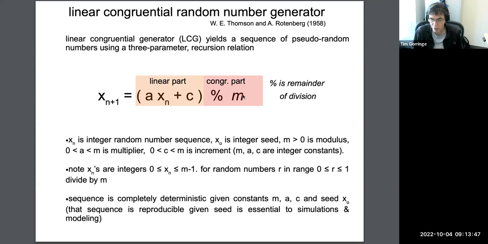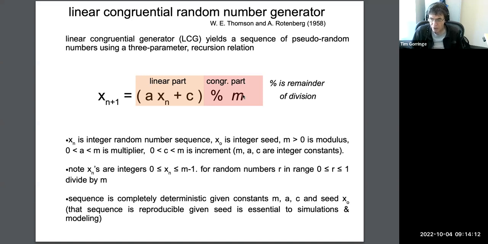So if you know M, C, and A, and you know your seed value, I could calculate this stream. Anybody could calculate the same stream of random numbers based on the three parameters of the random number generator and the particular seed that we've chosen.